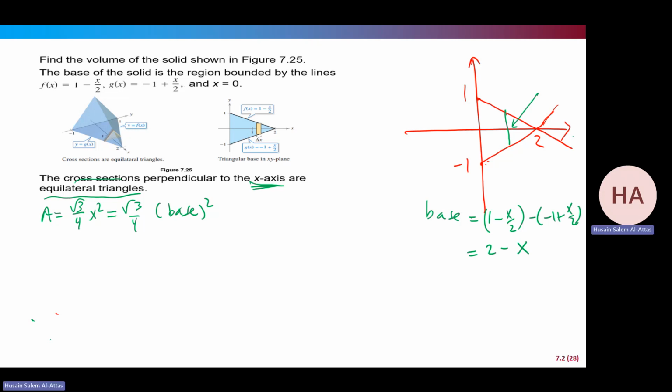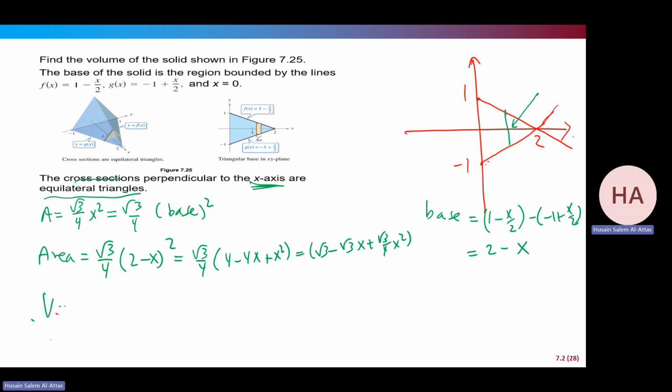So what will be the area? The area will be square root 3/4 times the base squared, 2 minus x squared. That gives square root 3/4 times 4 minus 4x plus x squared, which is square root of 3 minus square root of 3 x plus square root 3/4 x squared.